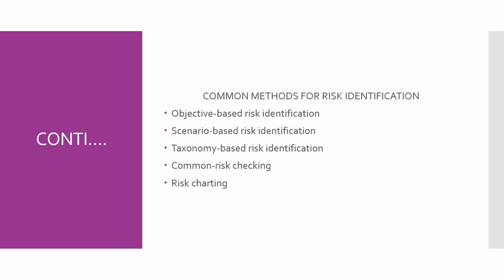Otherwise, they start with the threats, examine which resource will be affected by which threat, and what the consequences will be. Or otherwise, they determine the combination of threats and resources and what the consequences will be. So like that, they identify the risk.